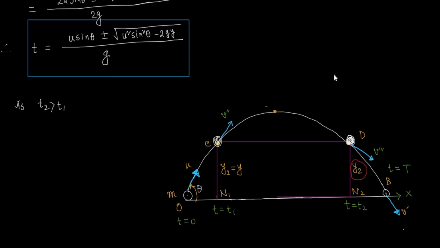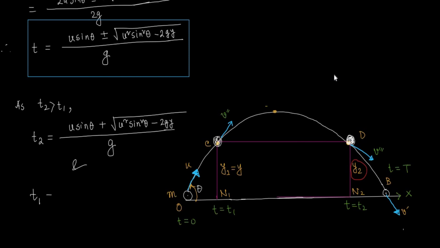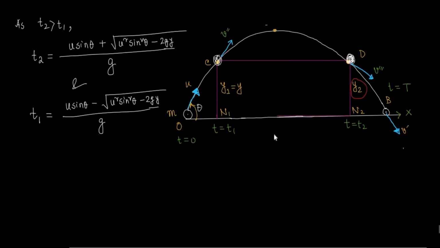As t2 is greater than t1, t2 is equal to u sin theta plus root of u square sin square theta minus 2gy, divided by g, and t1 is equal to u sin theta minus root of u square sin square theta minus 2gy, divided by g. Here t2 is greater than t1, that means the instant of time at D is greater than the instant of time at the point C.